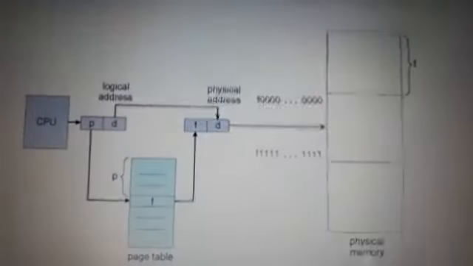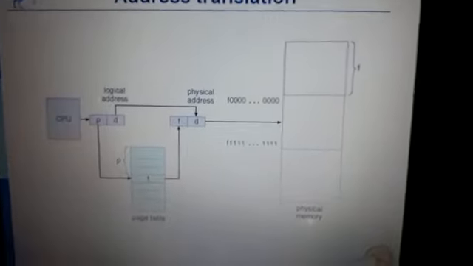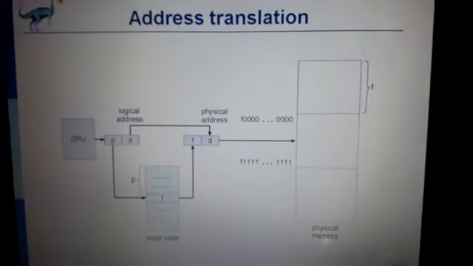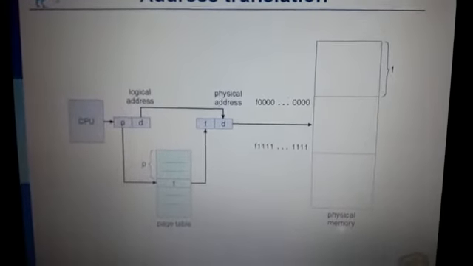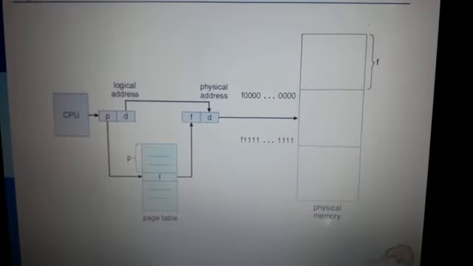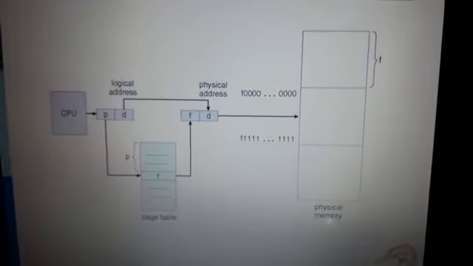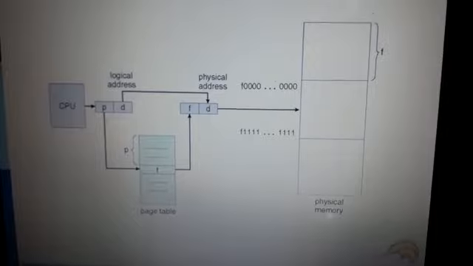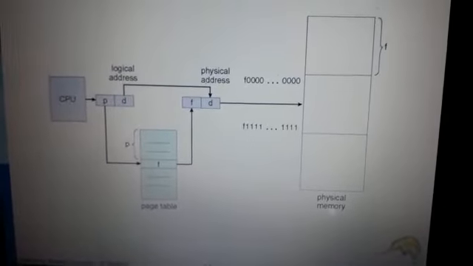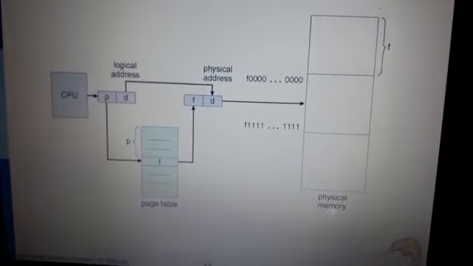Next concept, address translation. This is a similar way of representing, but a diagrammatic representation of how the data is transmitted from the CPU to the physical memory through the page table, logical address as well as physical address.